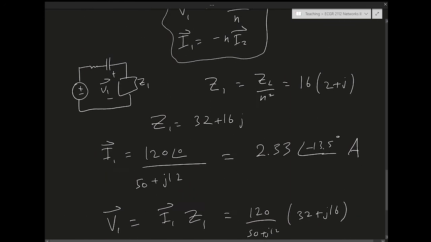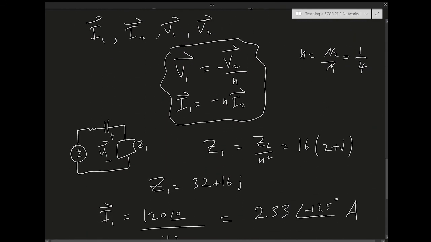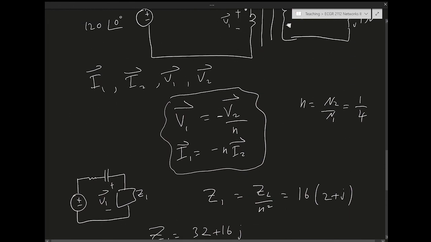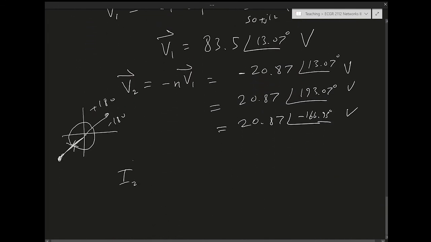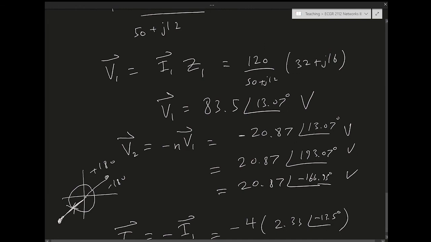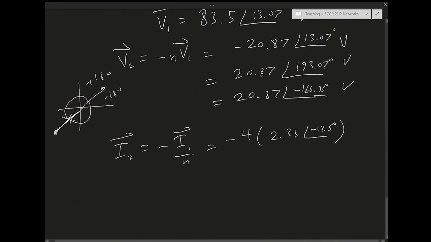Now the final variable we're trying to solve for is I2. I2 equals minus I1 over N. Of course, 1 over N is 4, so this becomes minus 4 times 2.33 at minus 13.5 degrees, that's the value of I1 that we found.